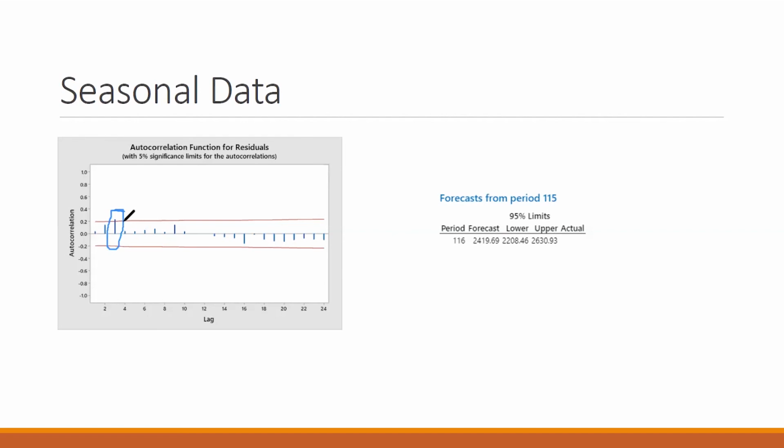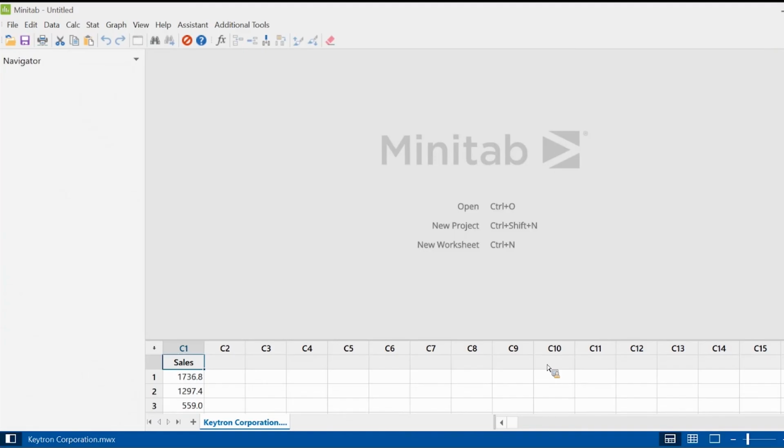We can either keep trying other models to see if we can capture that significance, or since the chi-square test statistic indicates the model is adequate, we can go ahead and use the model to do the forecast. And here are the forecast results. So next, I'm going to move to Minitab and show you how to carry out all of this analysis, and then we will wrap up. All right, so here's Minitab.